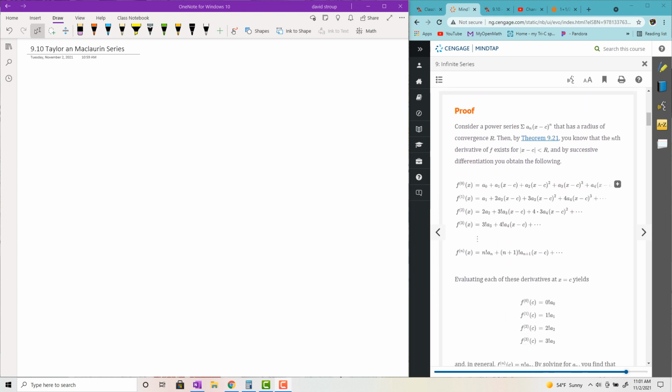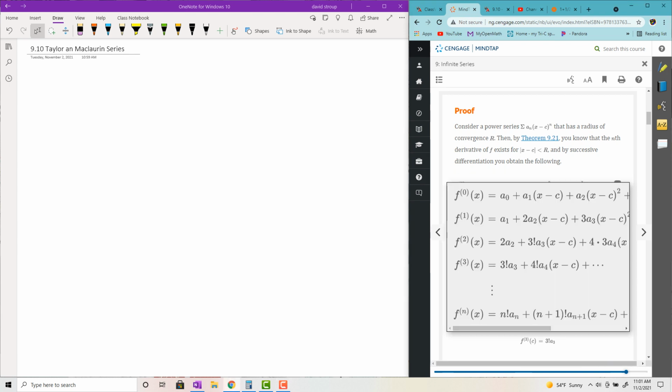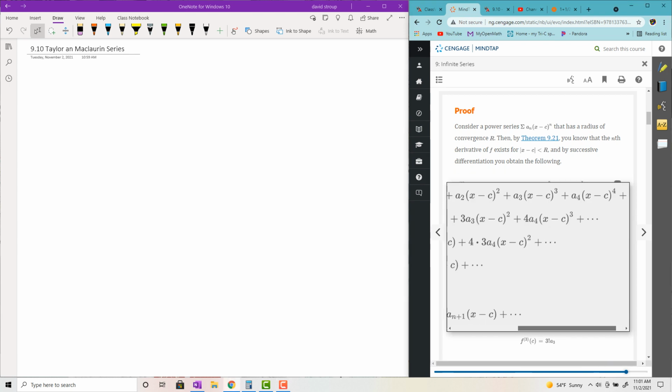You just presume that there is some sort of power series representation in some interval. So it converges in some interval, and the radius of convergence is big R. In that interval, we could take derivatives, and here in the book you're seeing that power series representation.